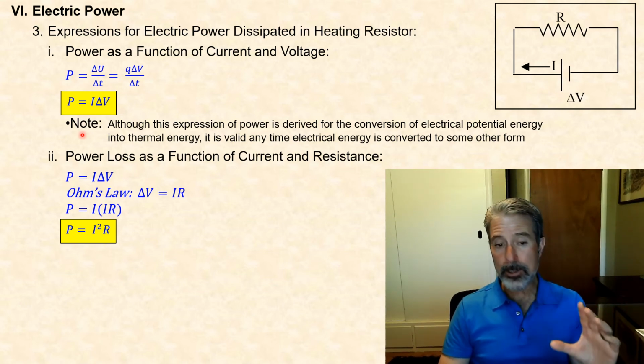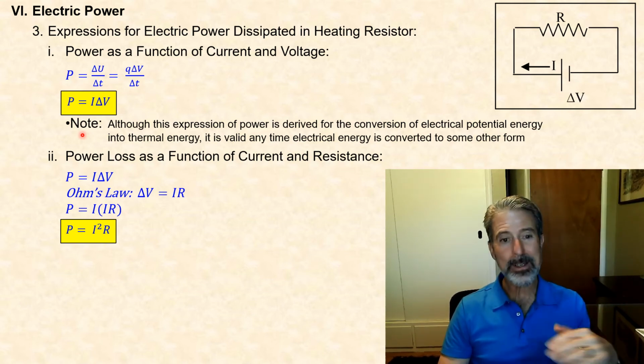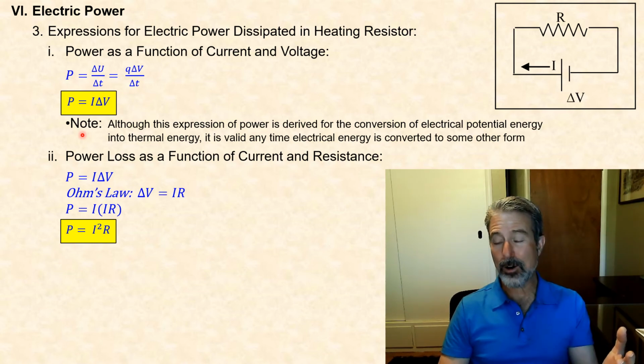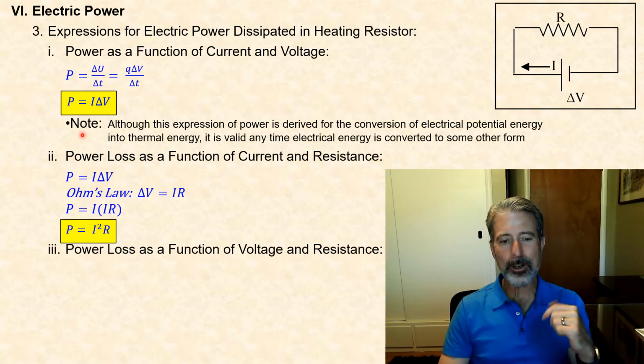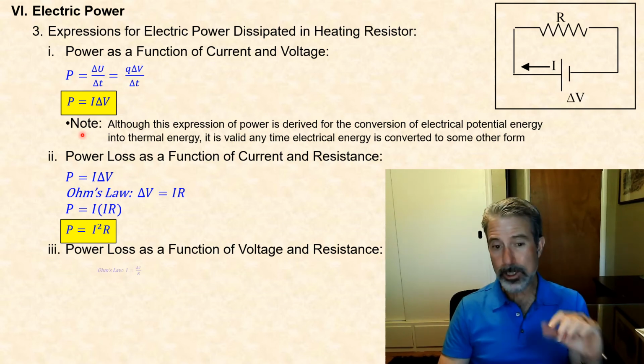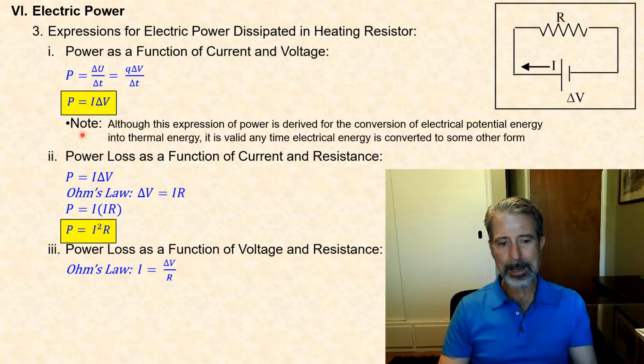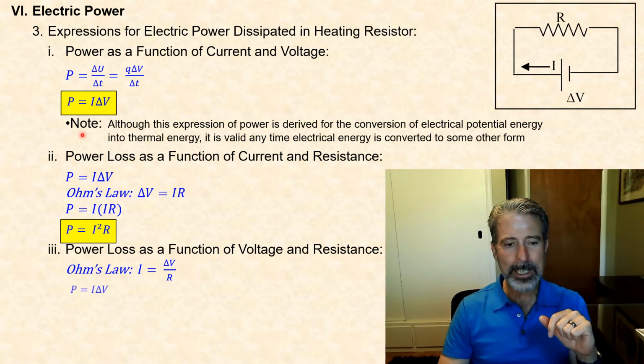So obviously this expression here is going to apply when you have a measurable resistance in your circuit. We can again do something similar here. We can derive an expression for power as a function of voltage and resistance, once again using Ohm's law but substituting differently here.